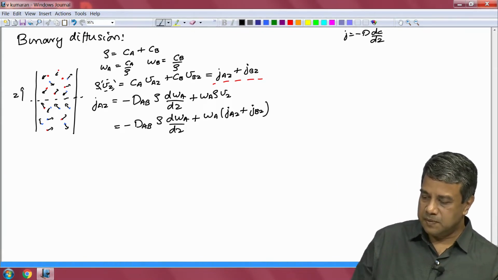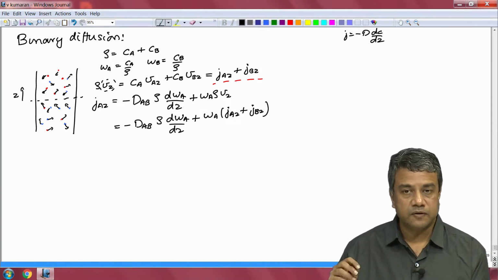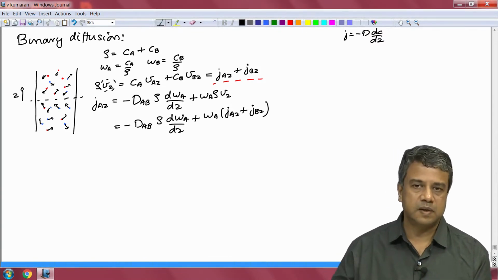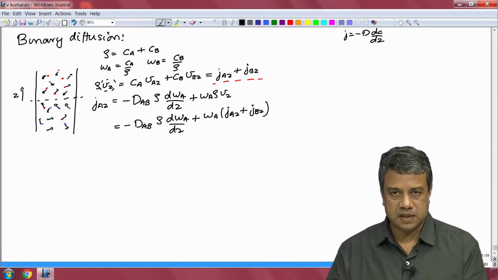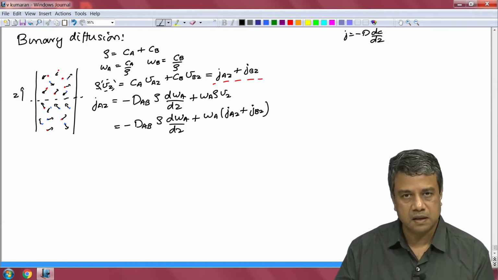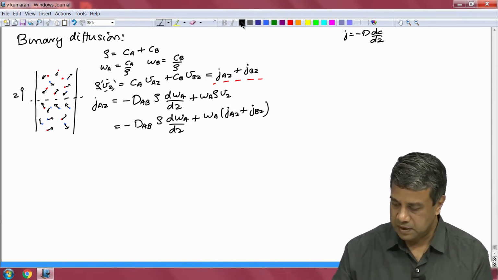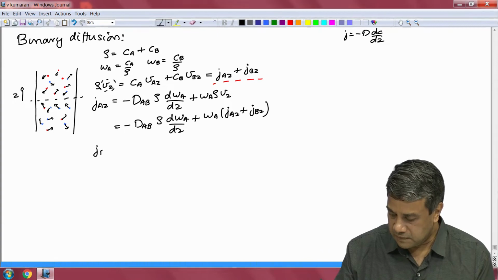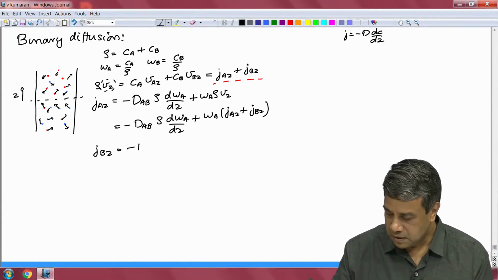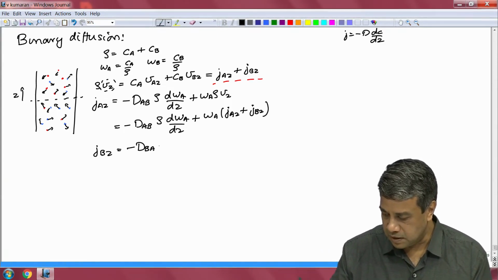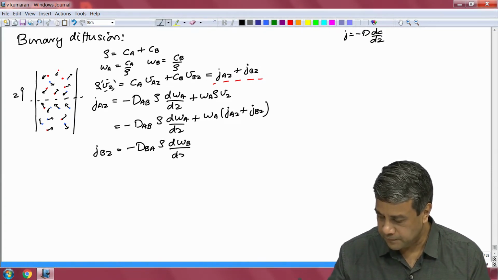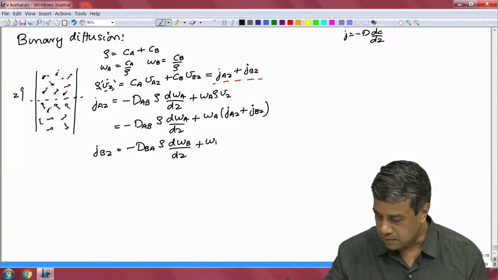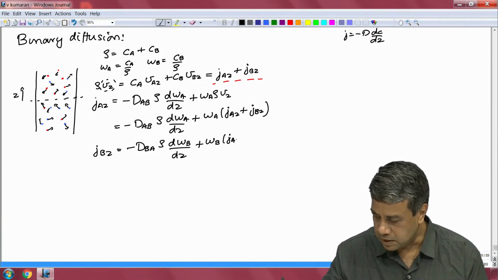Here DAB is the diffusion coefficient, the diffusion of the species A in a mixture containing A and B. Similarly, I can write for the species B: minus DBA rho dWB by dz plus WB into (JAZ plus JBZ).